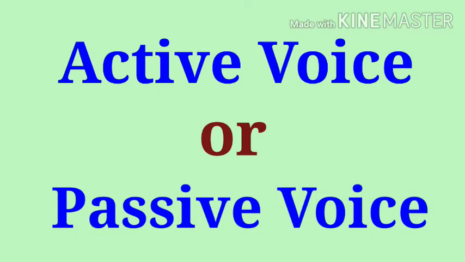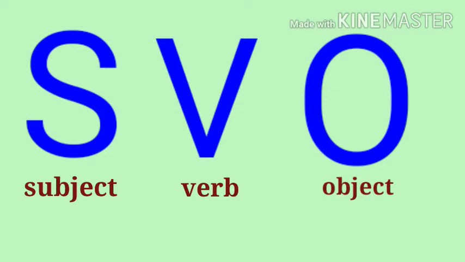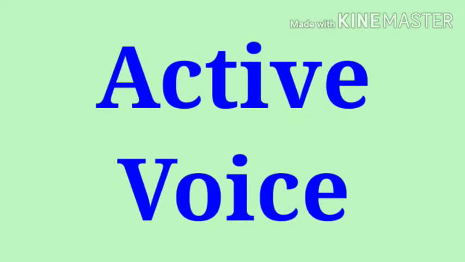Understand? See, I told you that while writing any sentence in English, we always follow the sequence SVO, that is subject, verb and object. If the given sentence is in this sequence, subject, verb and object, we are quite sure that the given sentence is in active construction or active voice.